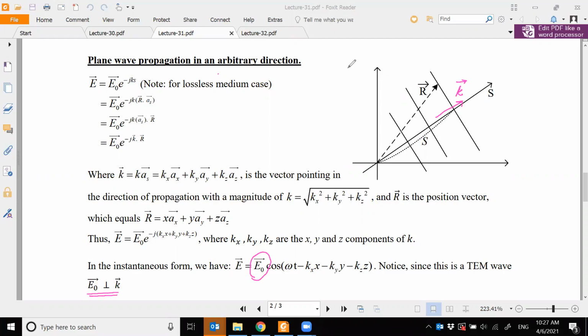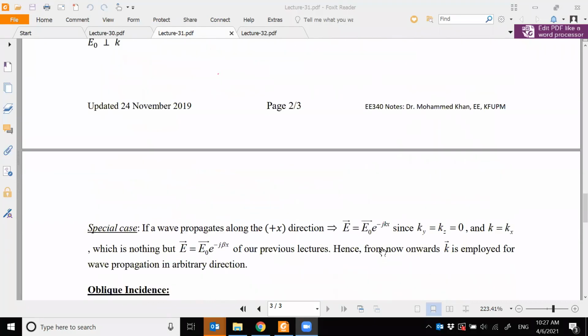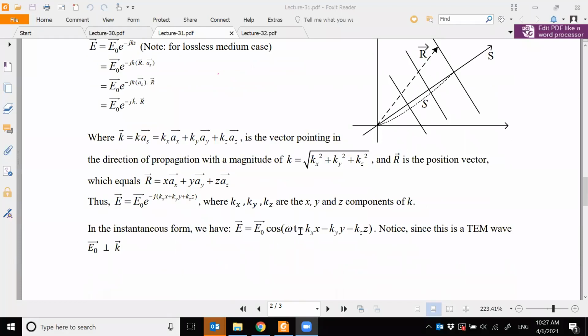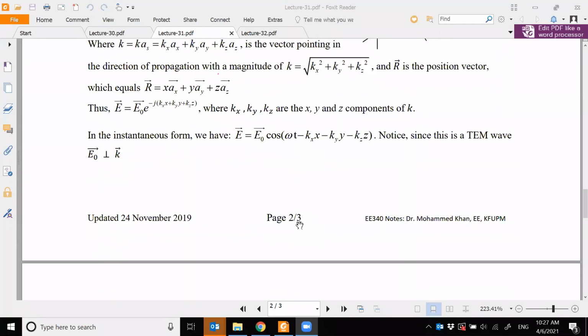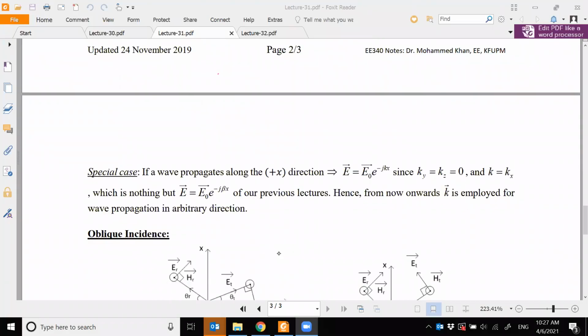So with this argument, where we decomposed our propagation constant into its components along x, y, z, this is the generalized expression of the propagation constant. Now our special case. Suppose the wave is propagating only in the x direction, then what will happen?